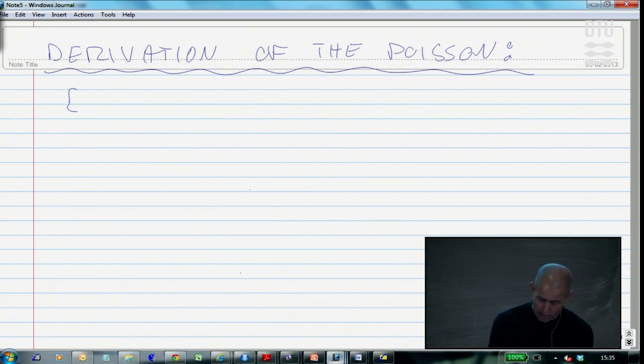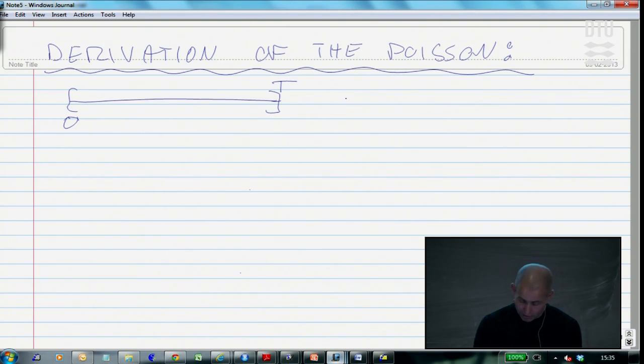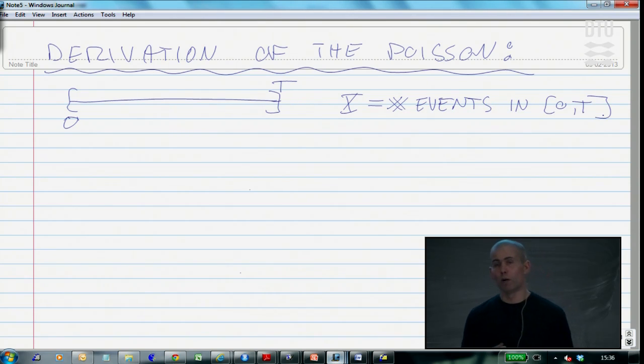So let's assume that we have a time interval going from 0 up to capital T. And what we're interested in is the random variable, which is the number of events in the interval 0 to T. This is the one that we would usually, at least under some assumptions, say would be a Poisson distribution when we count the number of events in a period of time.